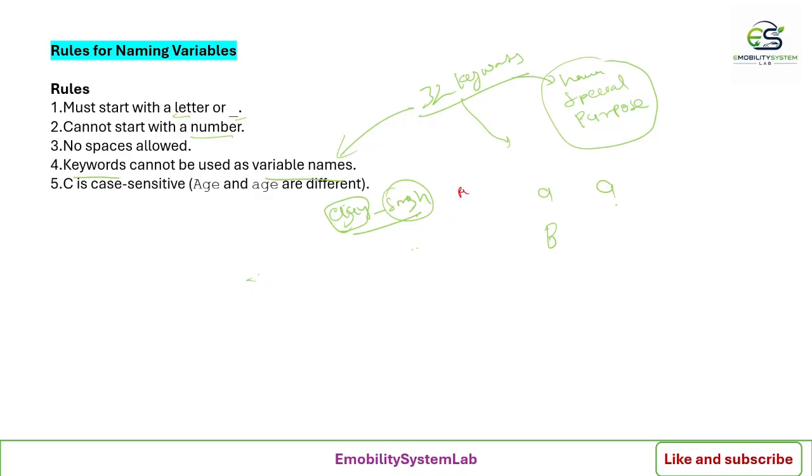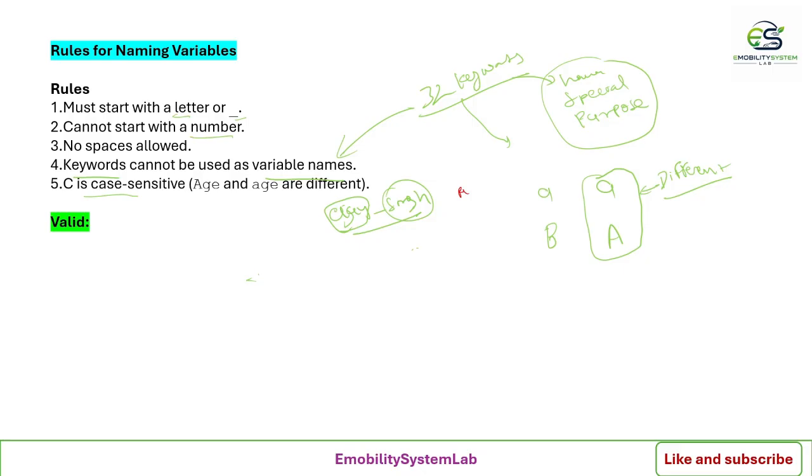Suppose one variable is a small a, and another variable is a capital A. Some languages will consider these two as the same variable, but these are different variables. Small a and capital A have different meanings. That is why we say C is a case sensitive programming language.